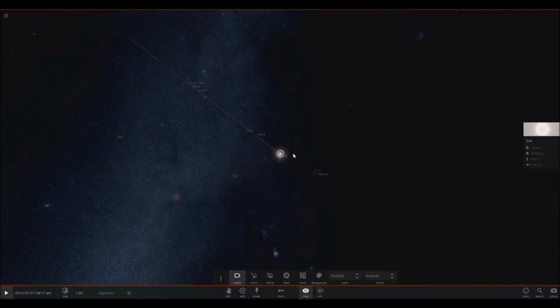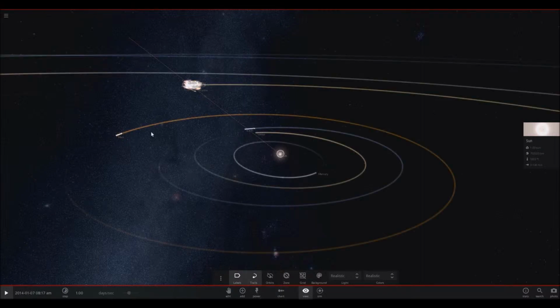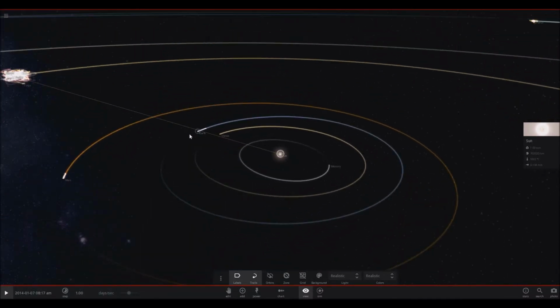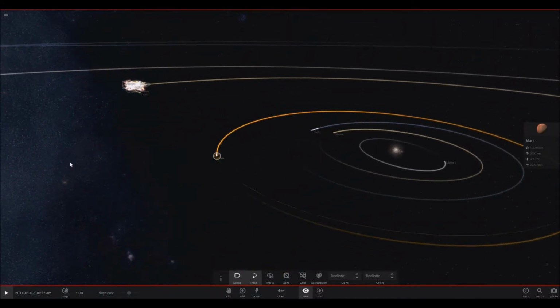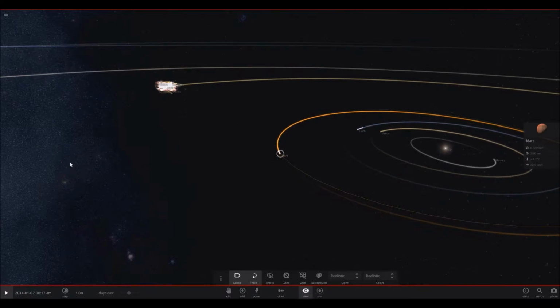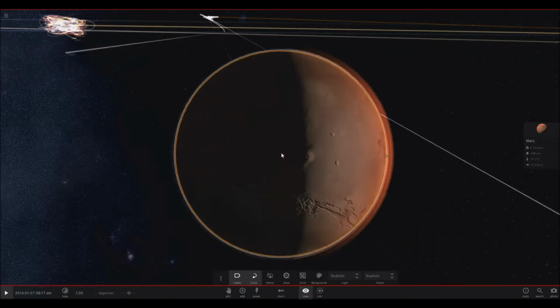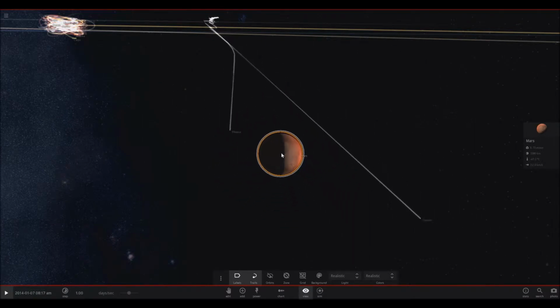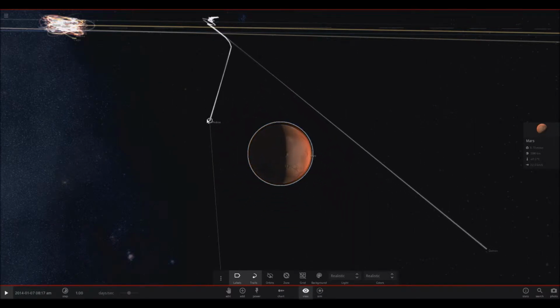Now the next one is Mars. Mars has got two moons, Phobos and Deimos. I'm not sure exactly of the pronunciation. If we zoom in, there we go, we can see both of the moons, and one of them actually moves in a really unique way. When we come on to talking about the moons of Mars later on in our space series, I can go into more detail about that.